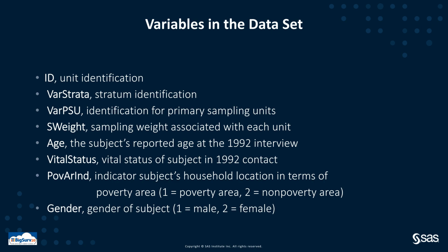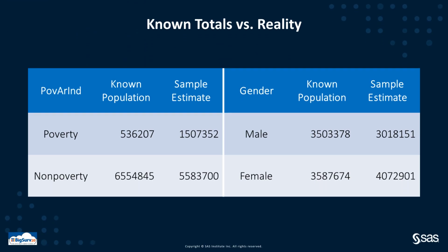The sampling weights are saved in S weight. For the purpose of illustration, suppose that through other data sources, marginal totals in the surveyed population for the demographic variables POVARIND and gender are known, but they are different from the weighted sums in the sample over these demographic variables.